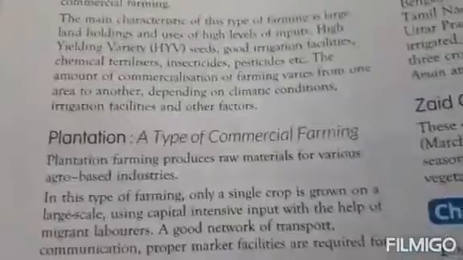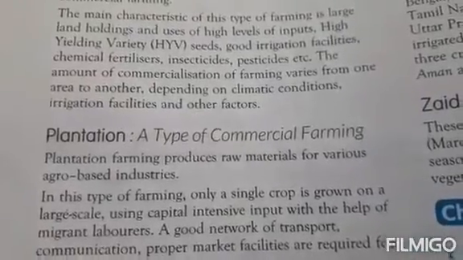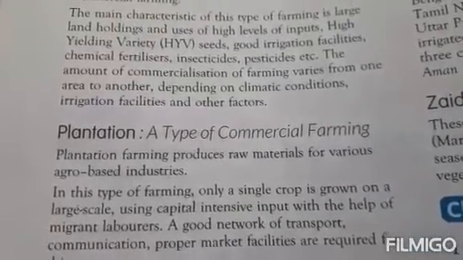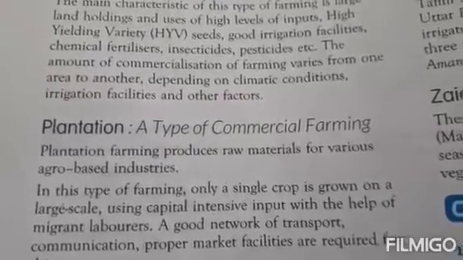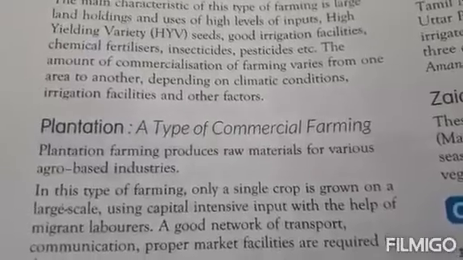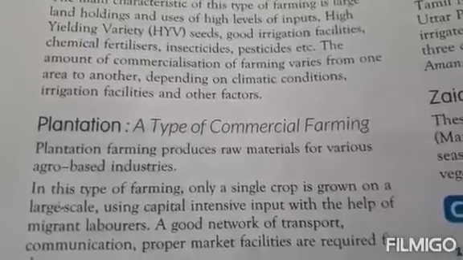An example of commercial farming is plantation. Plantation farming produces raw material for various agro-based industries, for example tea plantation. A single crop is grown on a large scale.